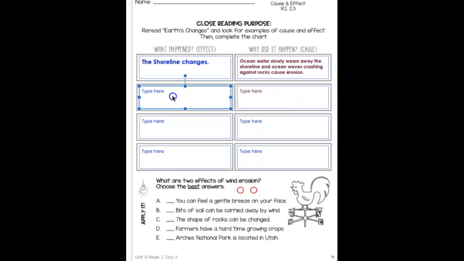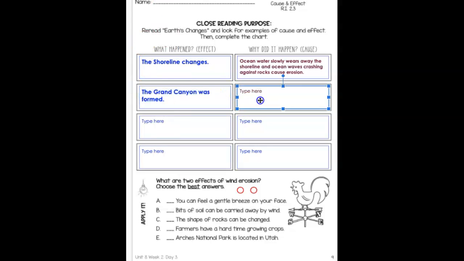Very good. Okay, and then let's type in the effect of the other thing that we talked about, which is the Grand Canyon being formed. So we're going to type in here the Grand Canyon was formed, and that's the effect. So that's what happened.